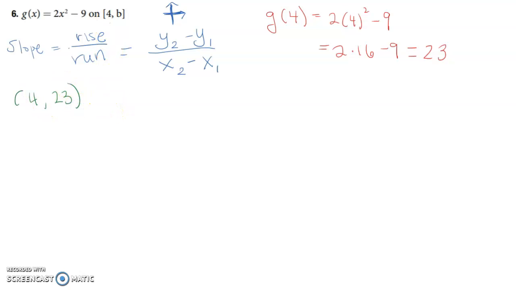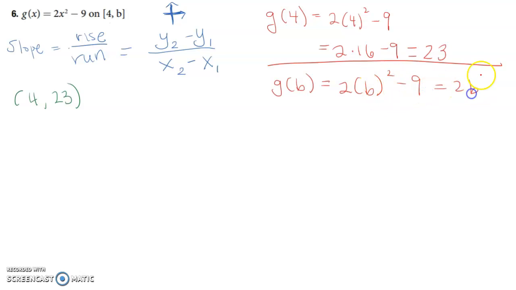All right, let's find our second given, which is b, so g of b. That's going to be 2b squared minus 9. So given that, we have our second point: when x is b, our y is 2b squared minus 9.